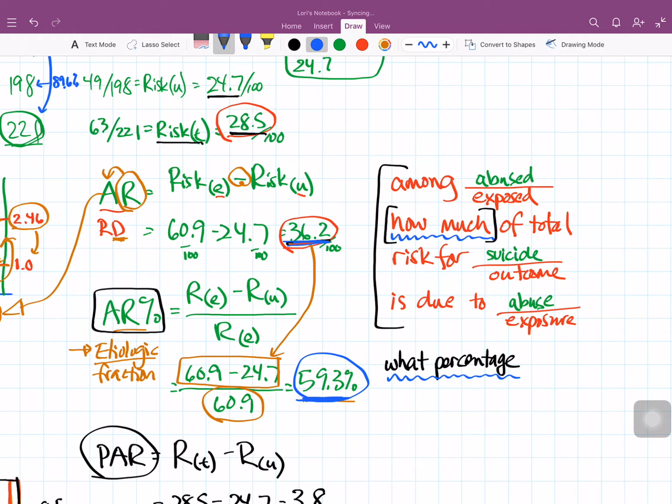And so a lot of times we think of things in terms of absolute versus relative.